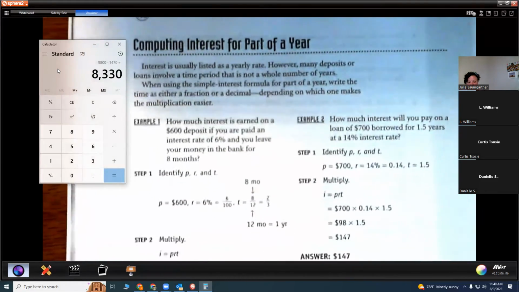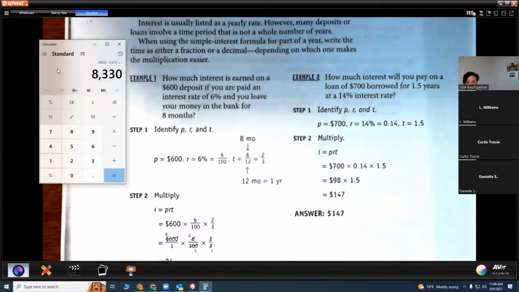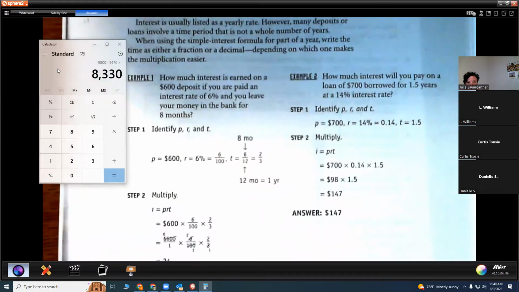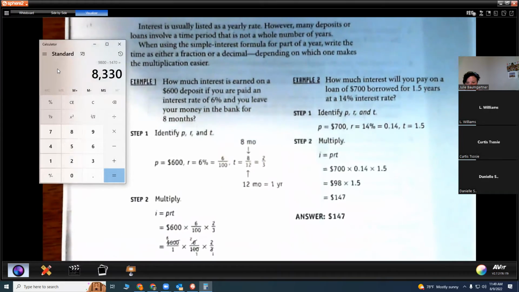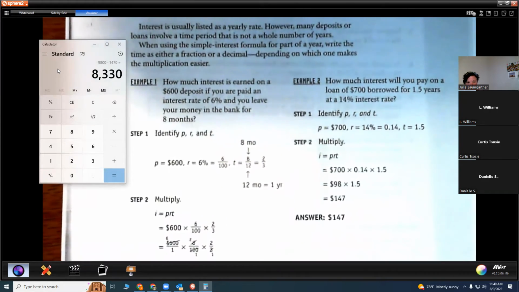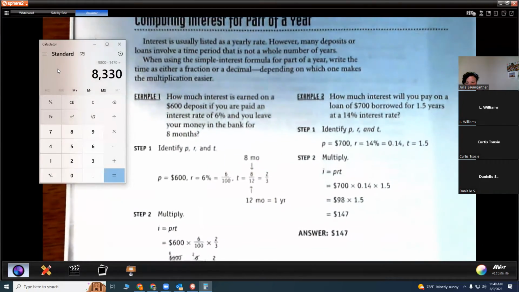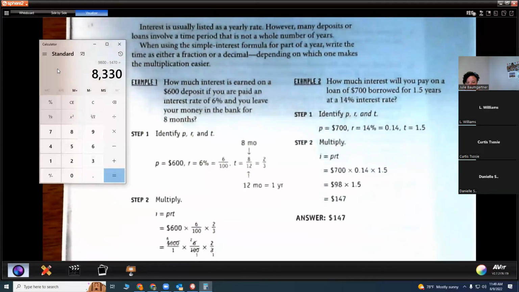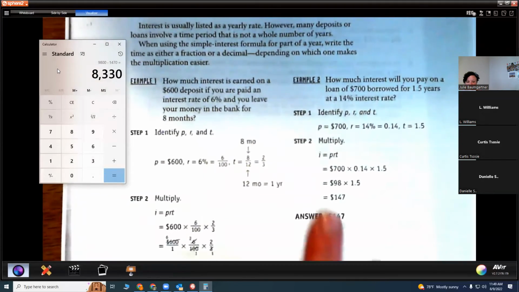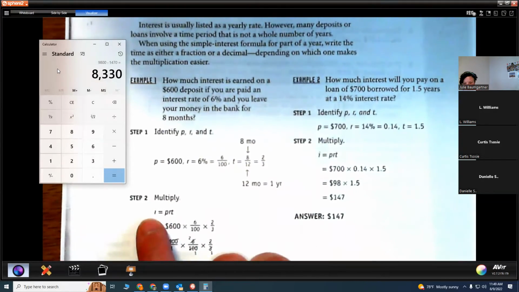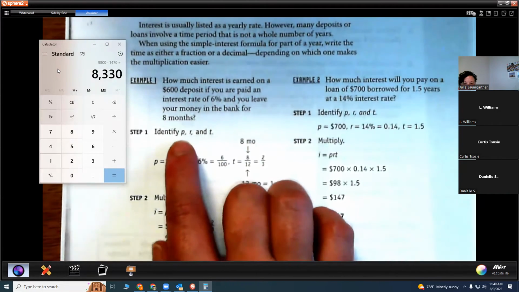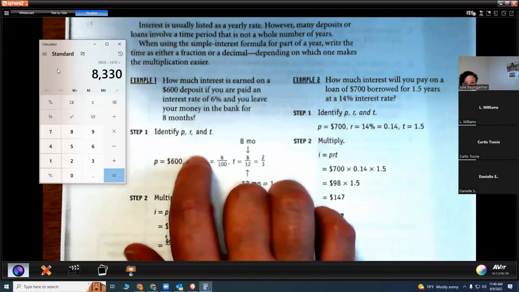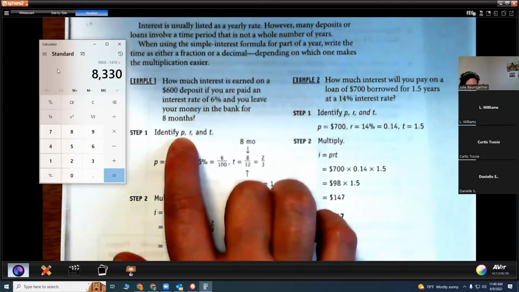So I think we've worked on this before when we were doing ratios and percents. So hopefully everyone remembers this formula for calculating the interest. P stands for principal.